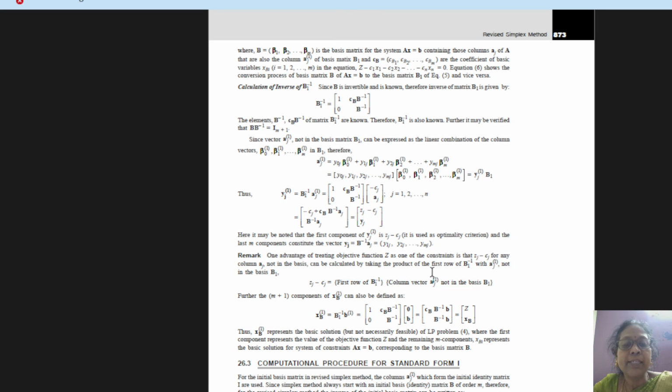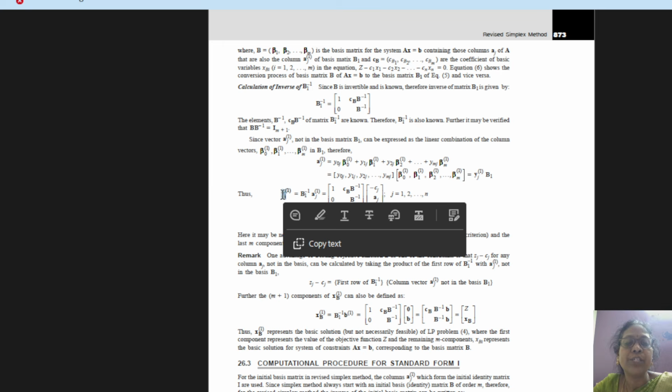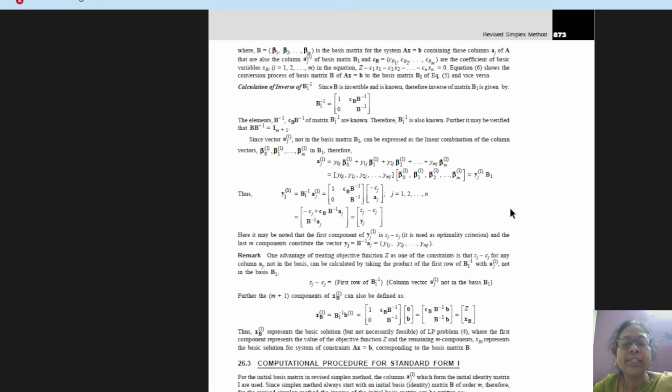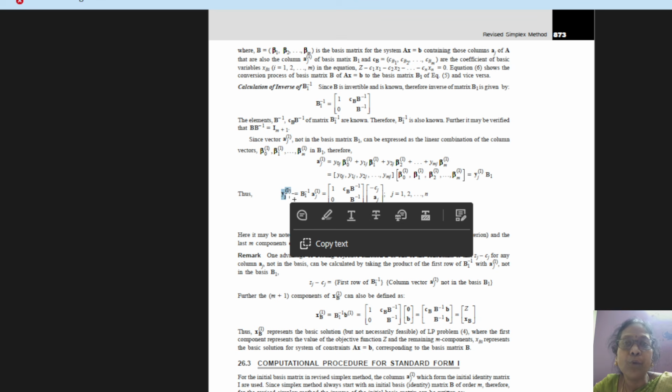These are the basic steps, and with that first row of B1 inverse, we can find the corresponding Yj vector. This Yj vector is nothing but the vector which has been inserted in the table. In the simplex method, we find all the columns and the minimum ratio.